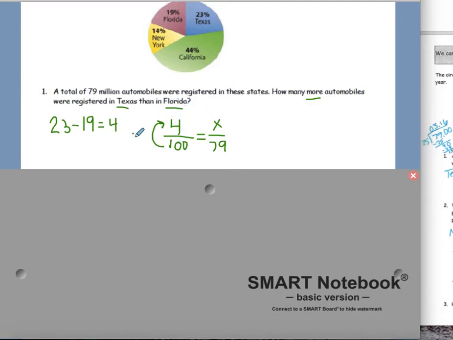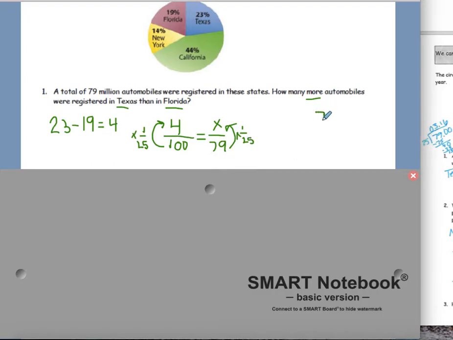So our scale factor, remember, would be times 1/25, because division is the same thing as multiplying by the reciprocal. So here, to get our answer, we're going to do times 1/25, which is the same thing as dividing by 25.